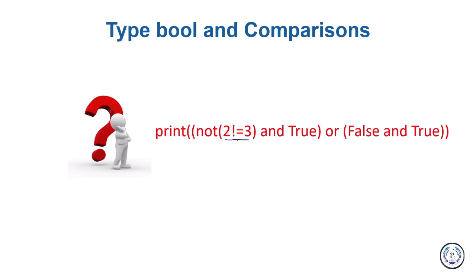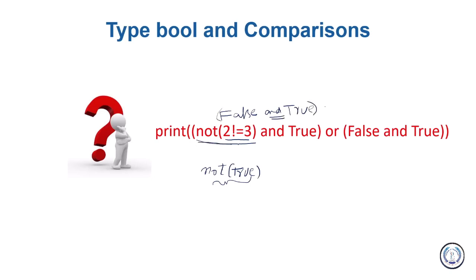The result is, yes, it is true. 2 is not equal to 3. That's true. So not true. Not true is false. So this whole thing is false. Now false and true, that is false.